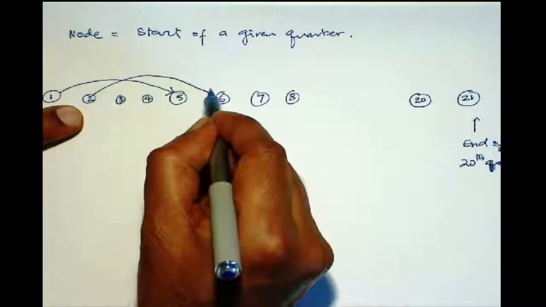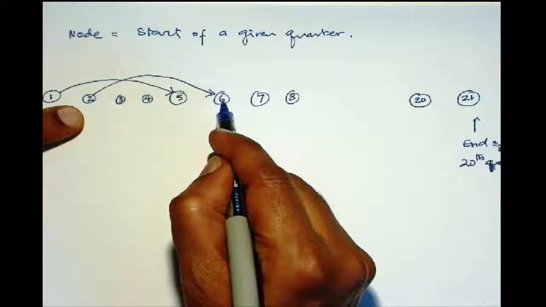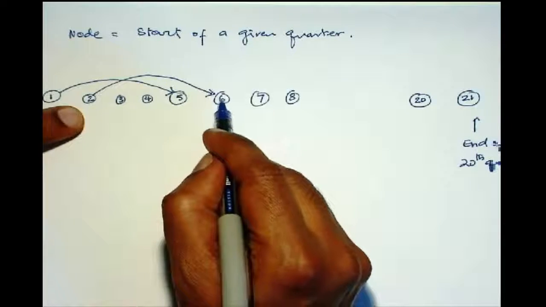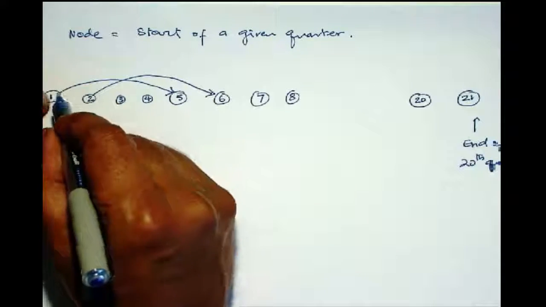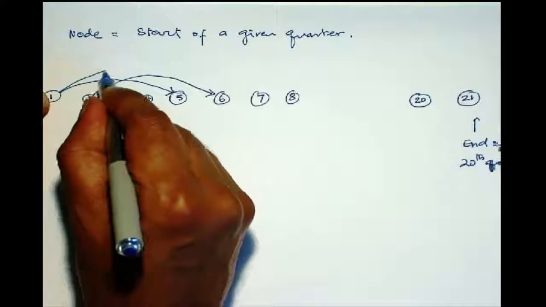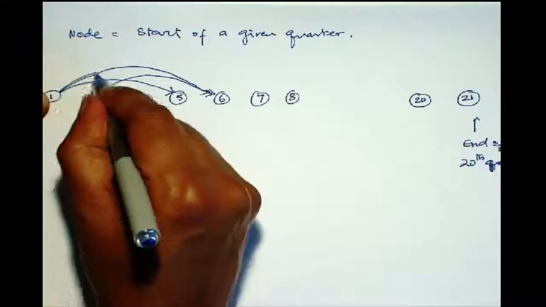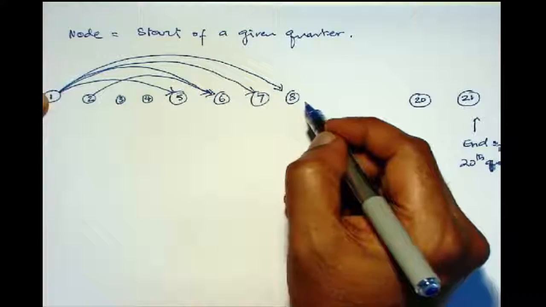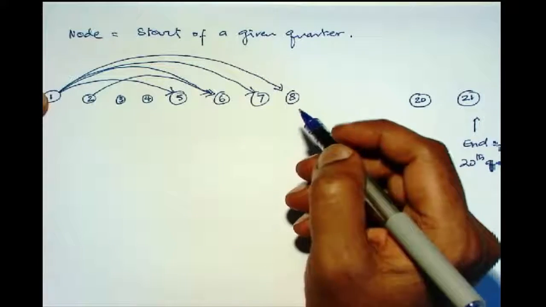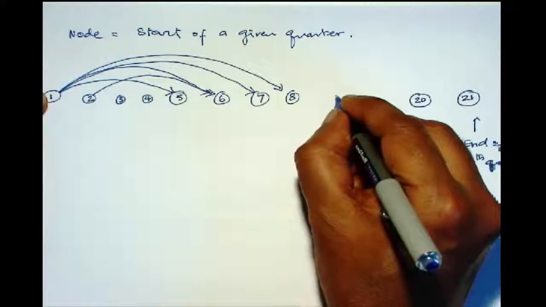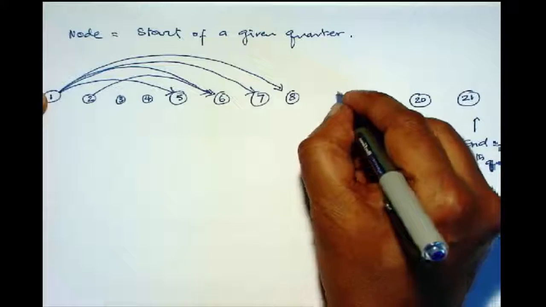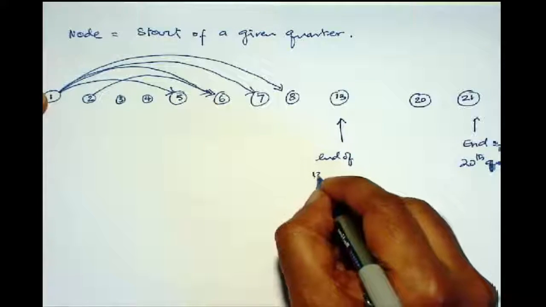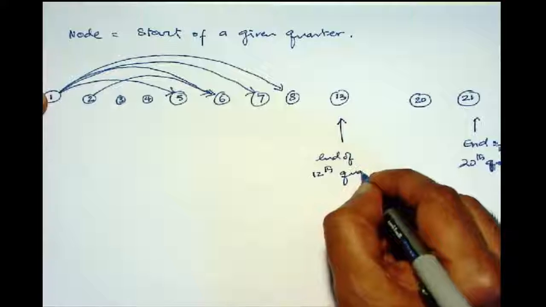Now from 1 you can go to 5, or from 1 you can go to 6, from 1 you can go to 7, from 1 you can go to 8. And remember, you can only keep a machine for 12 quarters. So 13, that would be the end of 12th quarter and start of the 13th.